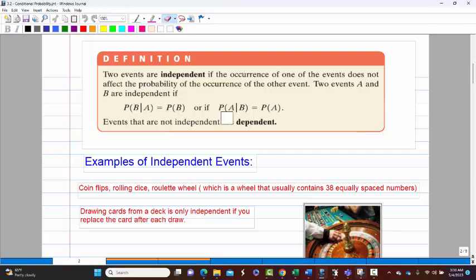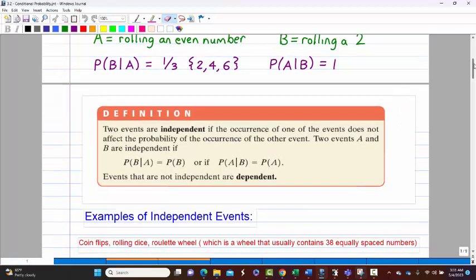Or if the probability of A given B occurred is just the probability of A itself, meaning that B had no effect on A, and the first one, A, had no effect on B. Events that are not independent are called dependent events, meaning the probability did depend on the other event. Like these 2 examples up here, they would definitely be dependent events.